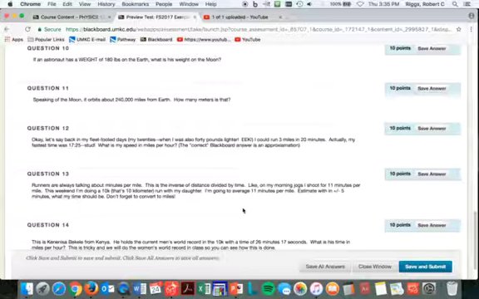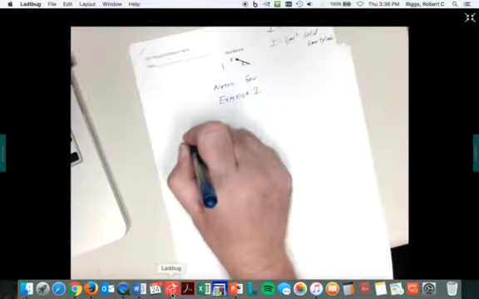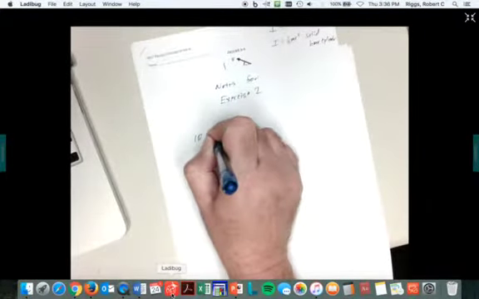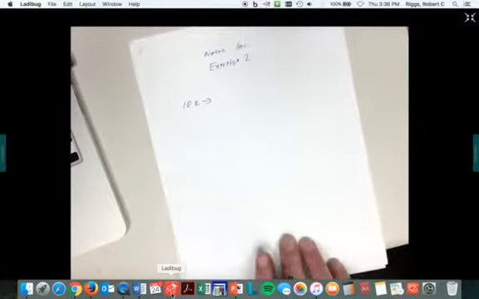All right, so for problem 13 here, I'm doing a 10K and I want to average 11 minutes per mile. So what will my time be when I finish? Well, let's take a look at this real quick. A 10K. How many miles is a 10K? We know how many miles a 10K is, right?